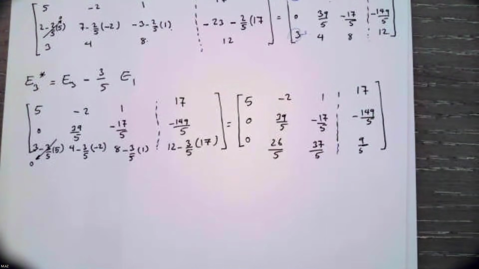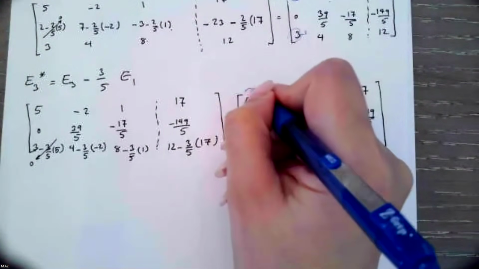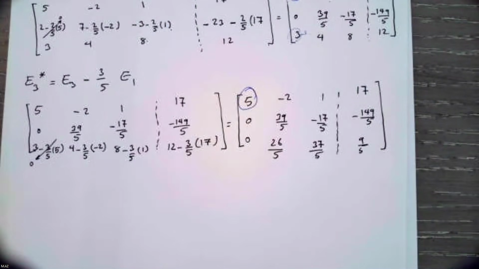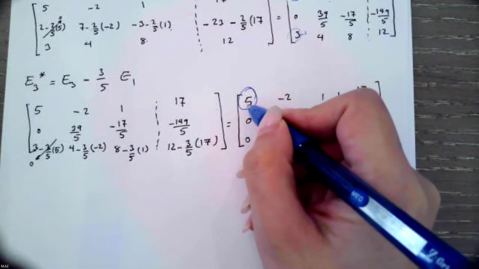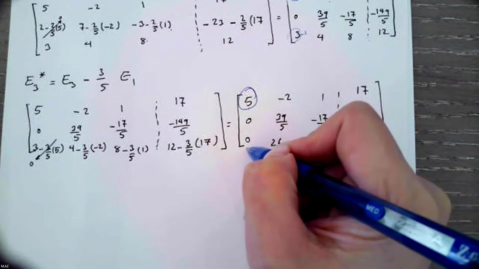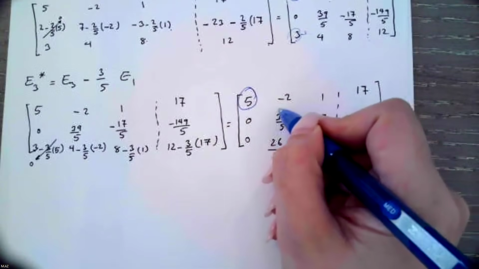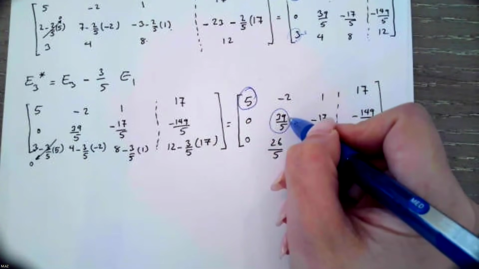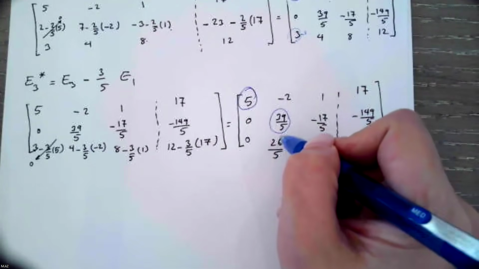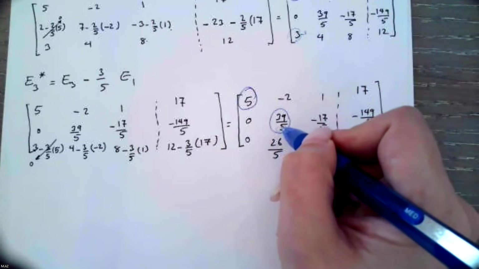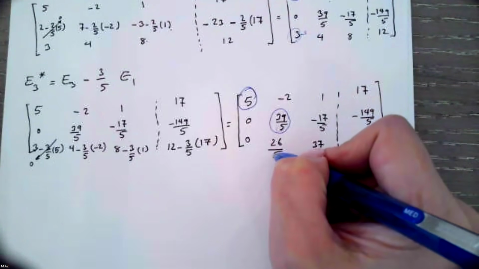Okay, see, this is the pivot 1, pivot column 1, and all the elements below this pivot are turned to 0. Now this is the pivot column 2. Now all the elements below this element should turn to 0.